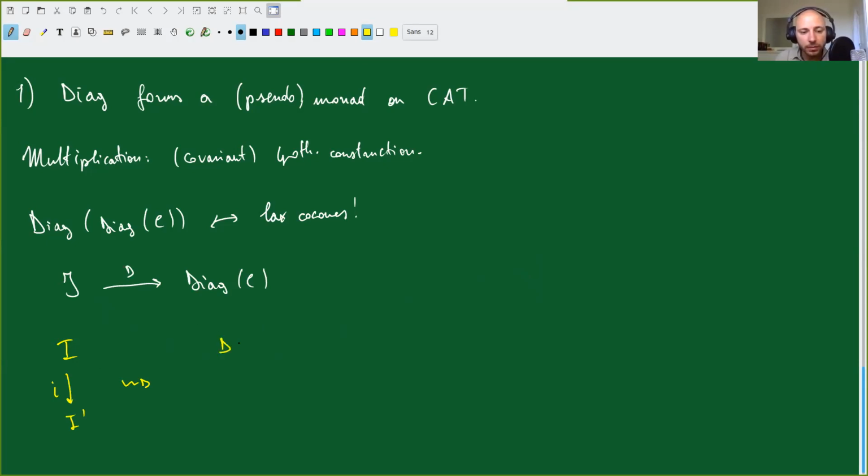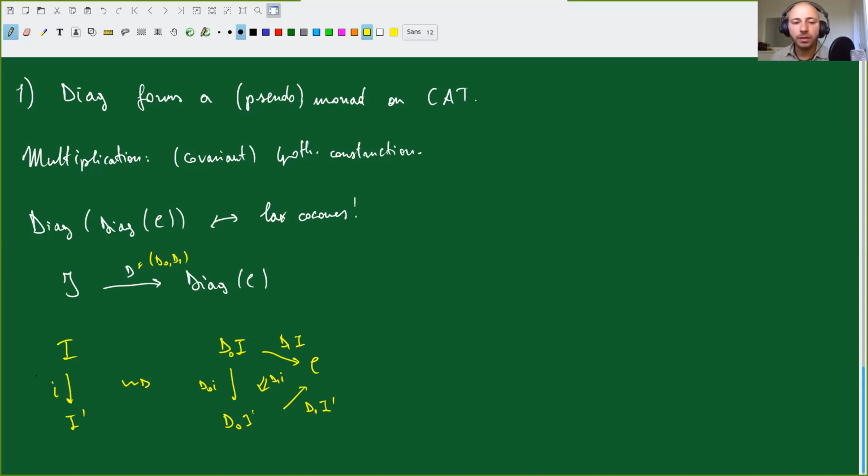So D_i, let's say D_0 i. So D_0 is the part of D that gives you the indexing category. D_1 is the one that gives you the functor. The same happens for i prime. And a small arrow i to i prime gives us a morphism of diagrams that we have seen as a functor and a natural transformation.